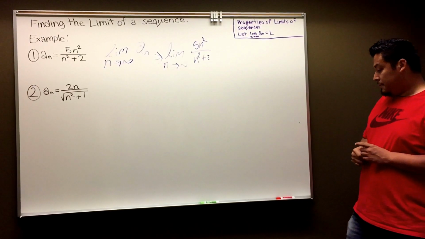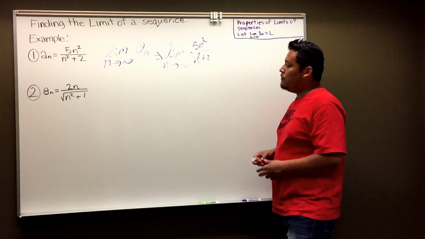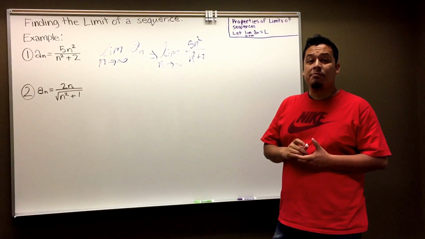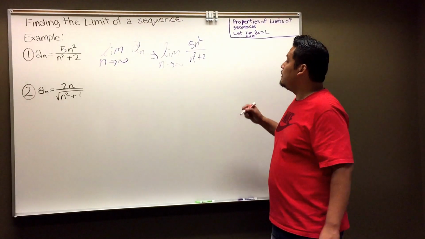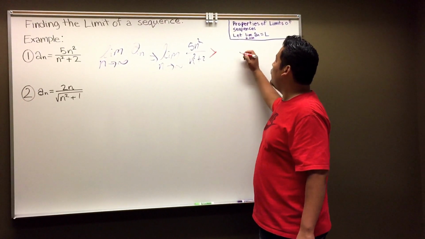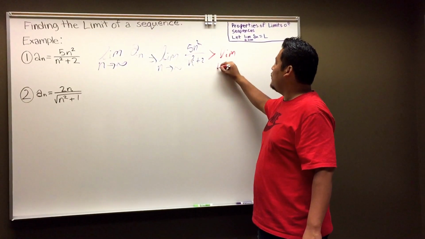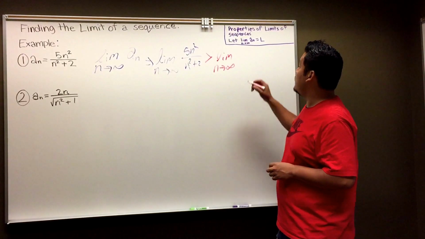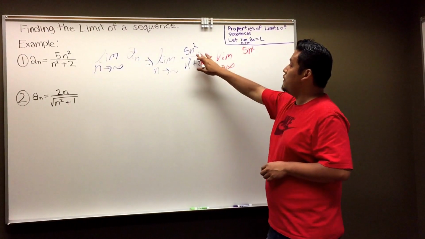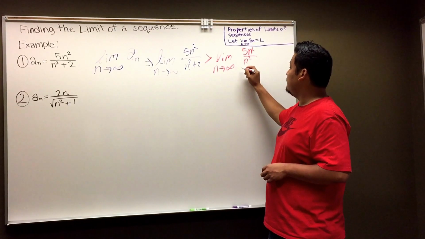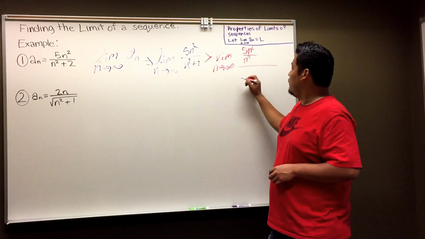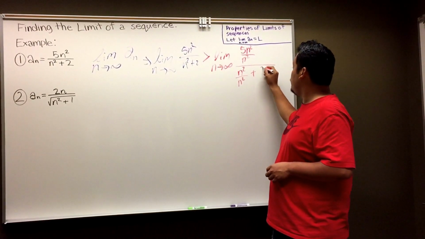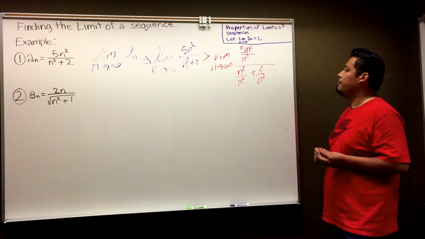Because we're taking the limit, we divide by the highest power. That's one of the techniques we can apply on this problem. So the limit as n goes to infinity, and the highest power is n squared. So we have 5n squared, and we divide that by n squared over n squared plus 2 divided by n squared.